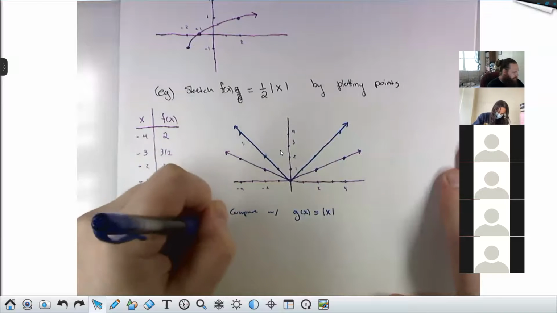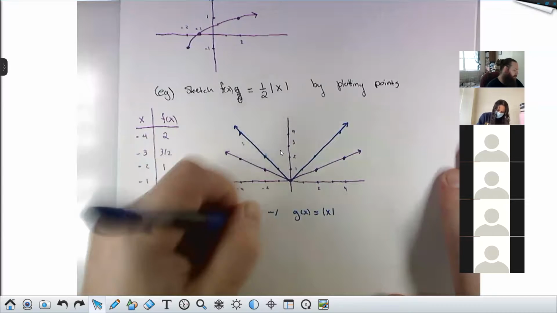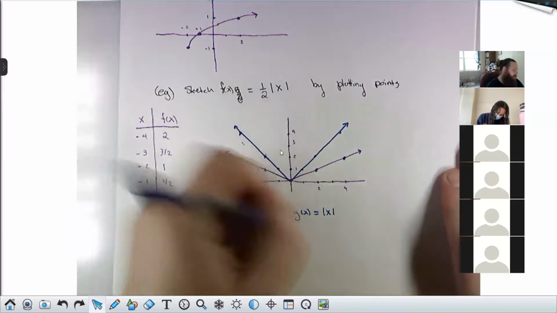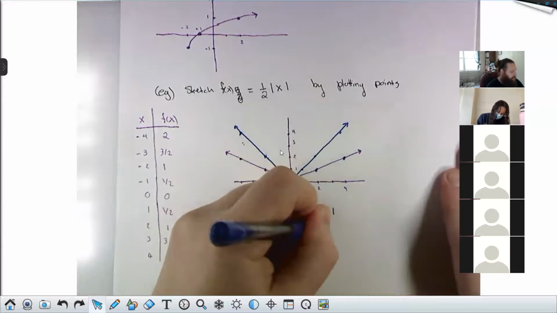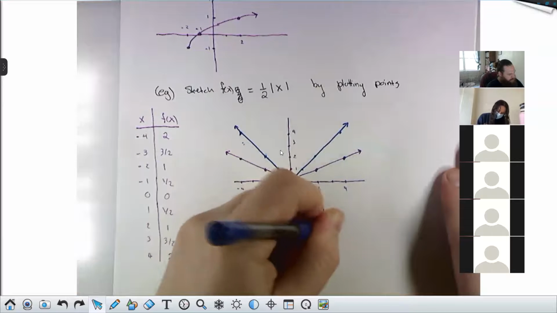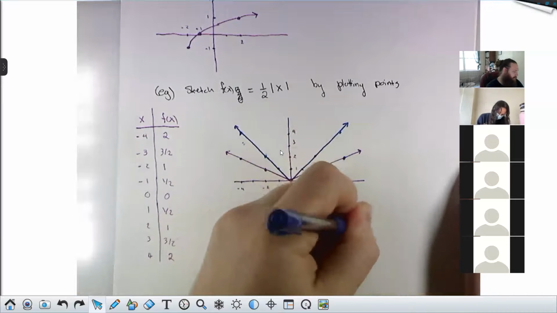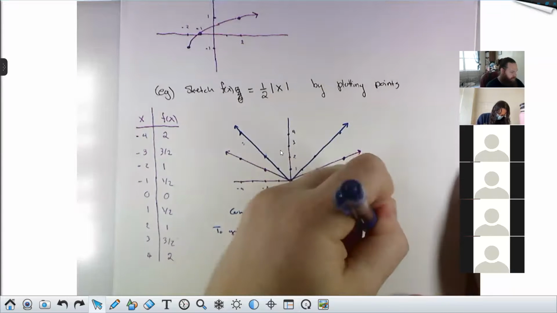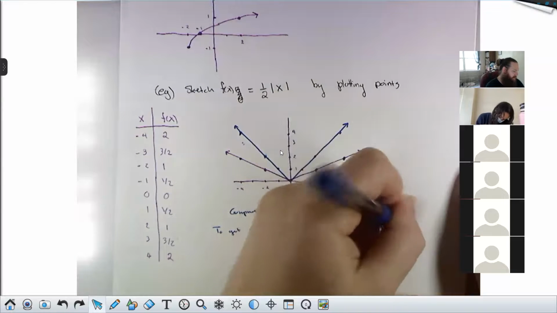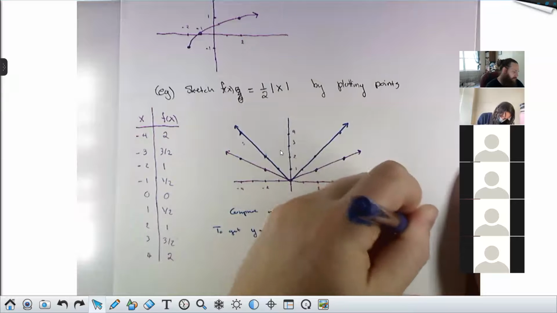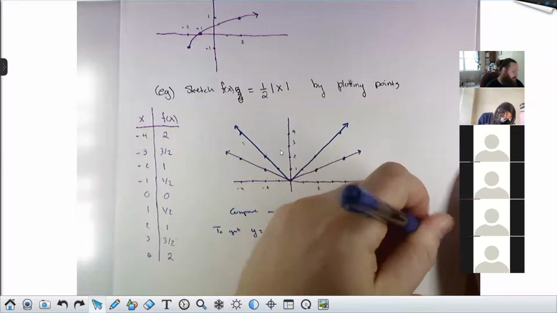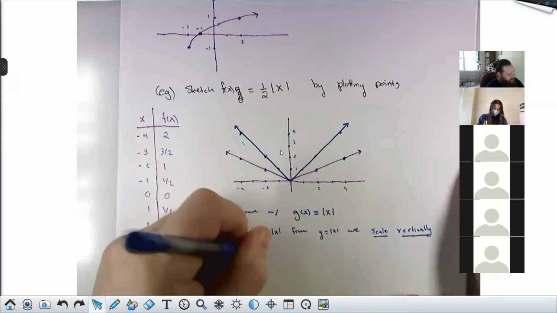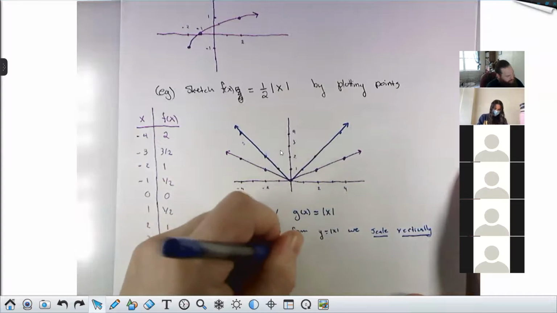So to get y equals 1/2 times the absolute value of x from y equals absolute value of x itself, we squish it vertically. And the term for that is we just say we scale vertically by a factor of 1/2.